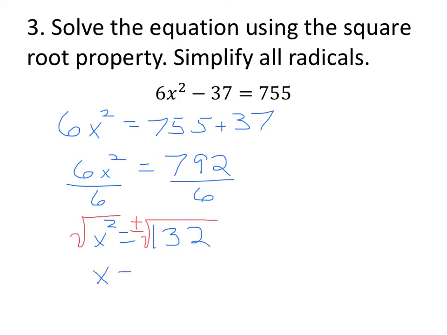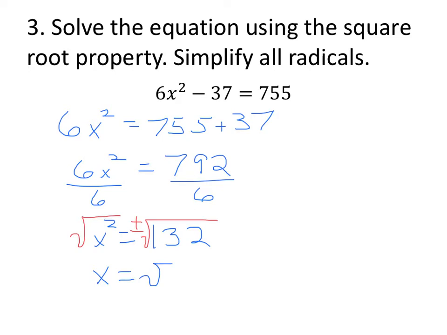So we get x equals, and 132 is not a perfect square. So we need to see what factors we can take out of 132. You can go through this by dividing 132 by different prime numbers to find factors. One trick is if you add the digits, 3 plus 2 plus 1 is 6, and 6 is divisible by 3. That means 132 is divisible by 3. So you have 3 times 44, and 44 is 4 times 11, so let's write that.